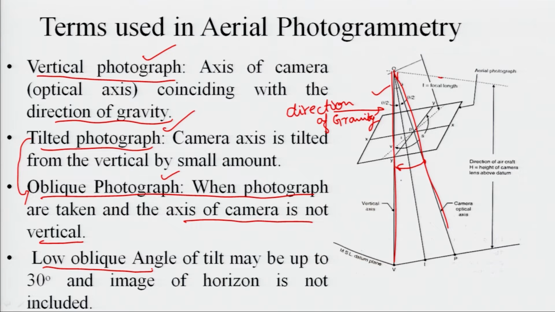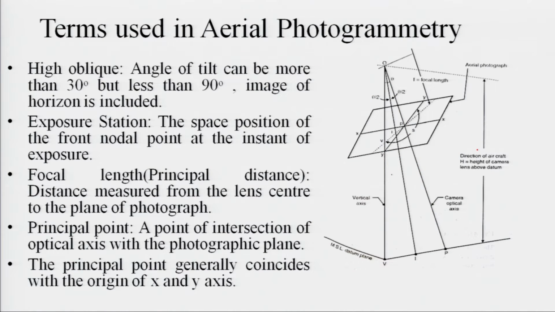Talking about low oblique photograph, in a low oblique photograph, the angle of tilt, that is this, must be about 30 degree. It cannot be greater than 30 degree. And again talking about high oblique, in this the tilt angle is greater than 30 degree, but should be less than 90 degree.